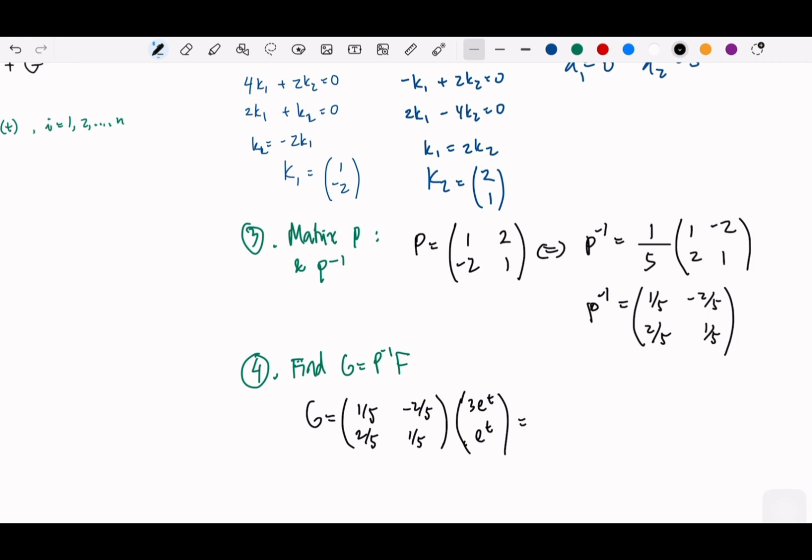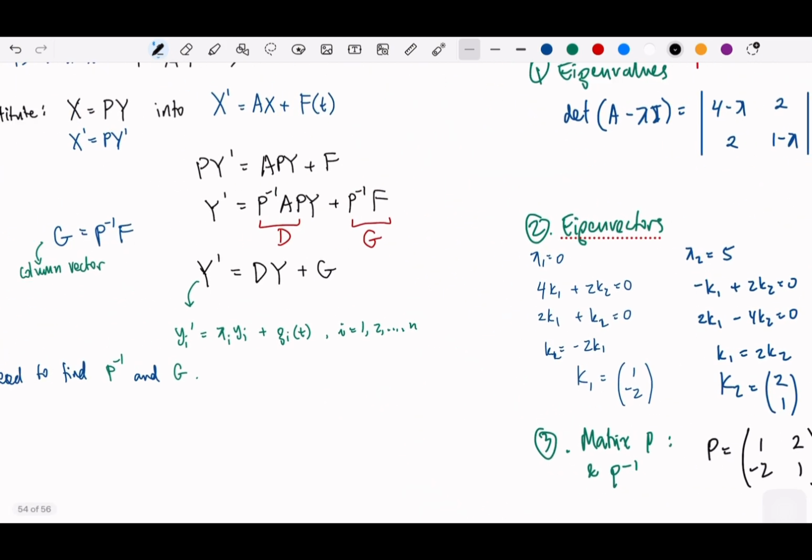So 3 over 5 minus 2, it will be 1 over 5. So 1 over 5 e^t, and 6 over 5 plus 1, so 7 over 5 e^t. So this G will be this.